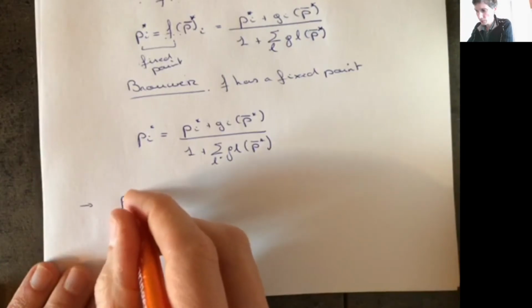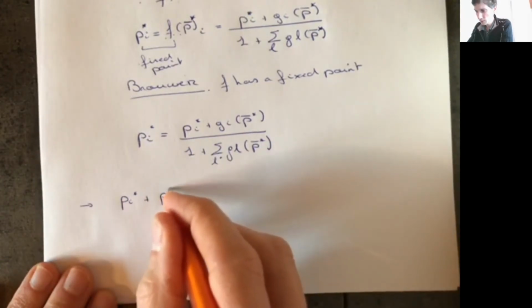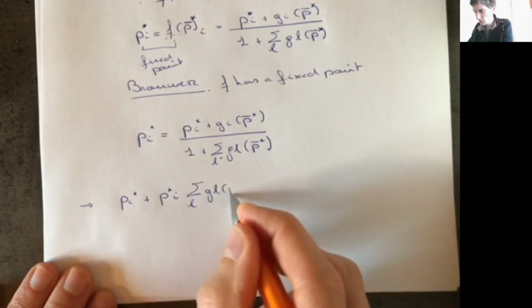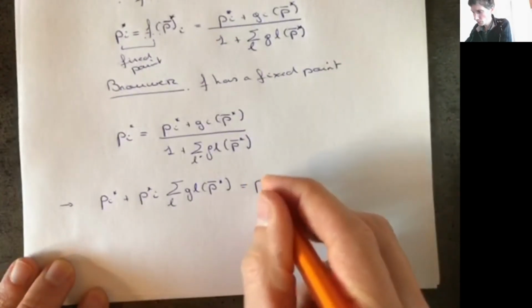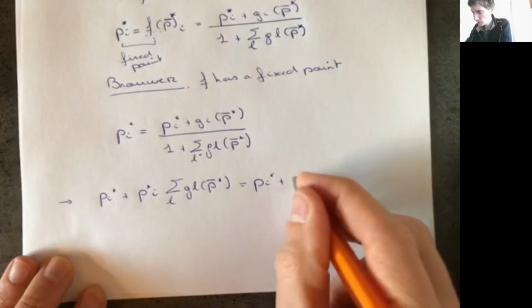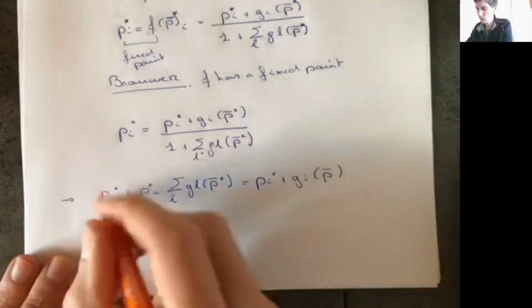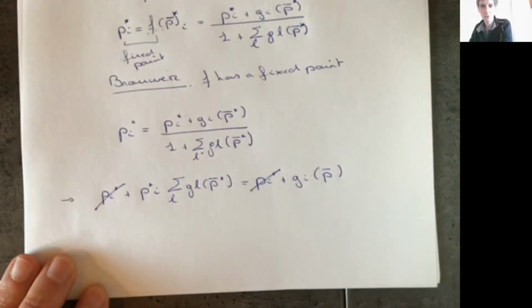Then you have p_i star times (1 plus the sum over l of g_l at p star) is equal to p_i star plus g_i(p star). Here you can delete p_i star from both sides, which simplifies the equation a little bit.